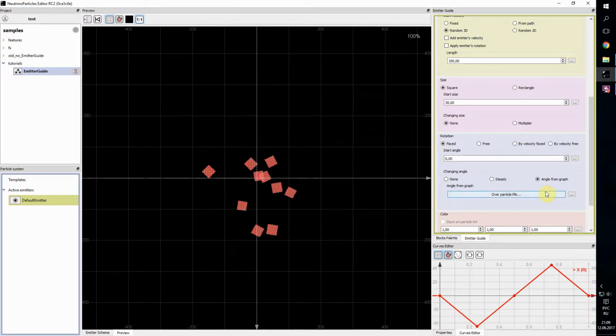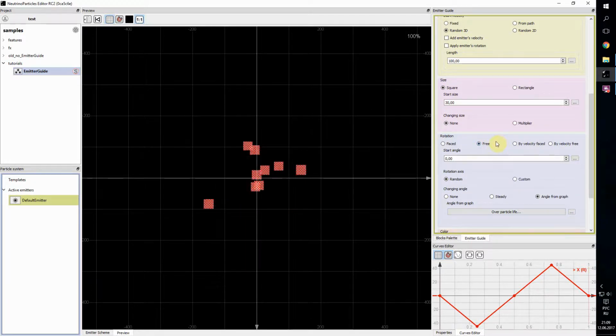So let's move to the second rotation mode, free mode. This mode differs from phased in that particles don't rely on camera position and have their own custom-set rotation axis in the space.